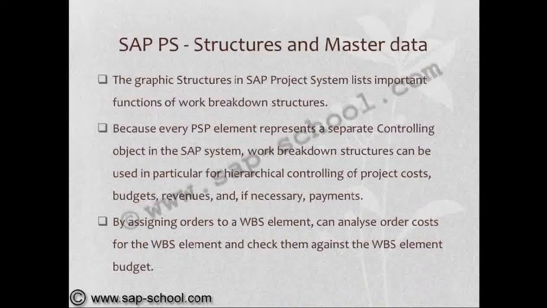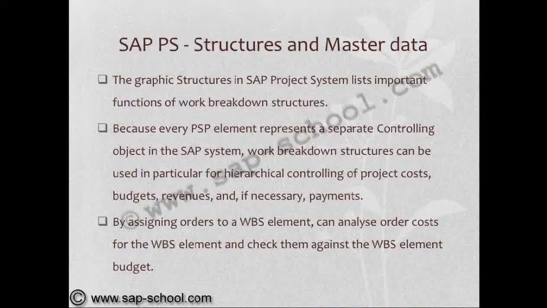The graphic structures in the project system list important functions of work breakdown structures. Because every PSP element represents a separate controlling object in the SAP system, work breakdown structures can be used in particular for hierarchical controlling of project costs, budgets, revenues, and if necessary, payments.